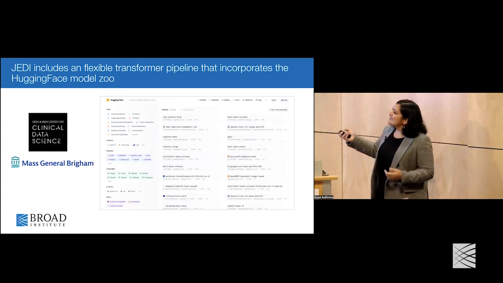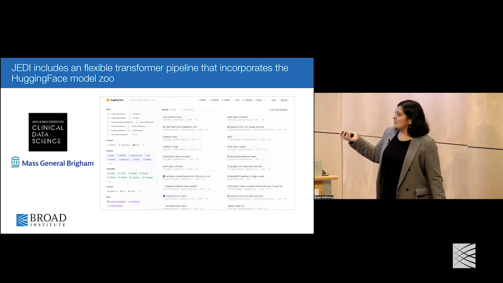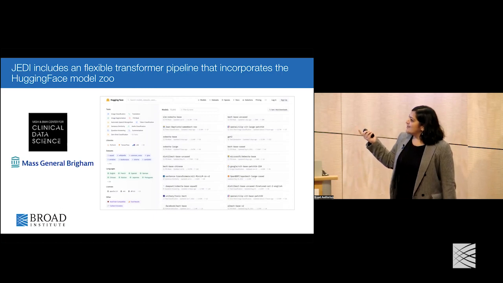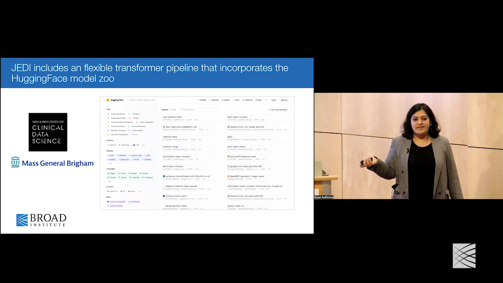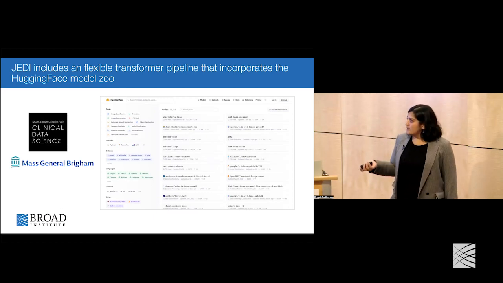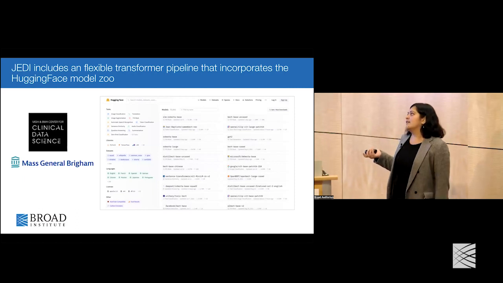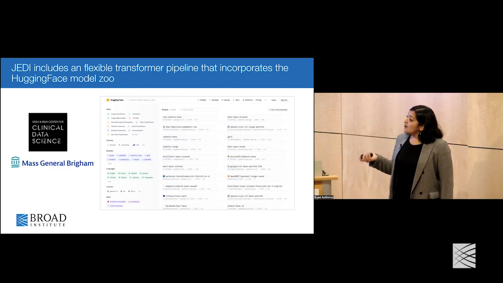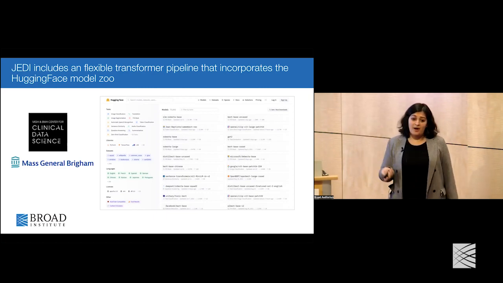Hugging Face is a library of transformer functionality, but it also has this associated model zoo. On the right, you're seeing a screenshot of all the different model weights that are available. It's really exciting that we're able to share pre-trained models within the research community, and that really accelerates progress.